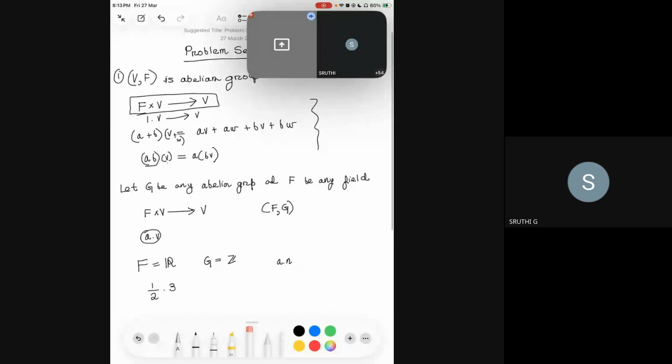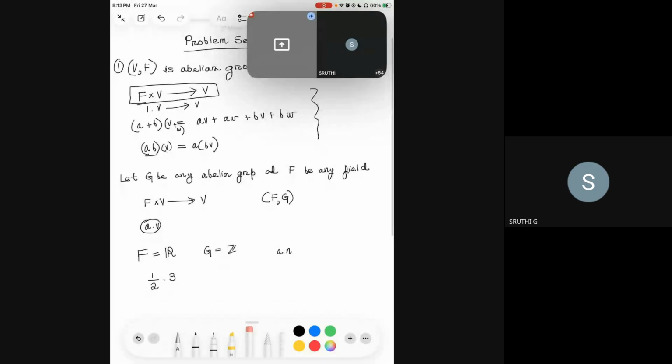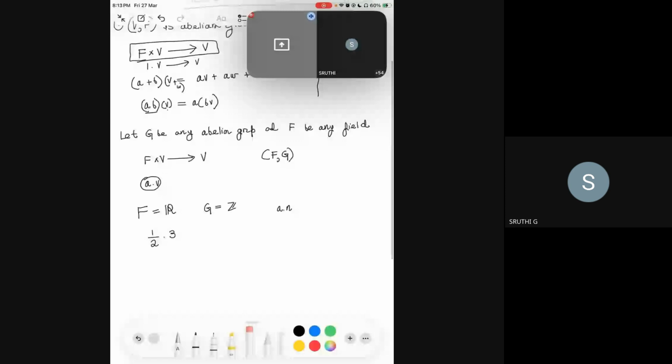You are saying your intuition is right, that for 1/2 dot 3 the third axiom may not work, but you have not yet defined what 1/2 dot 3 actually is.